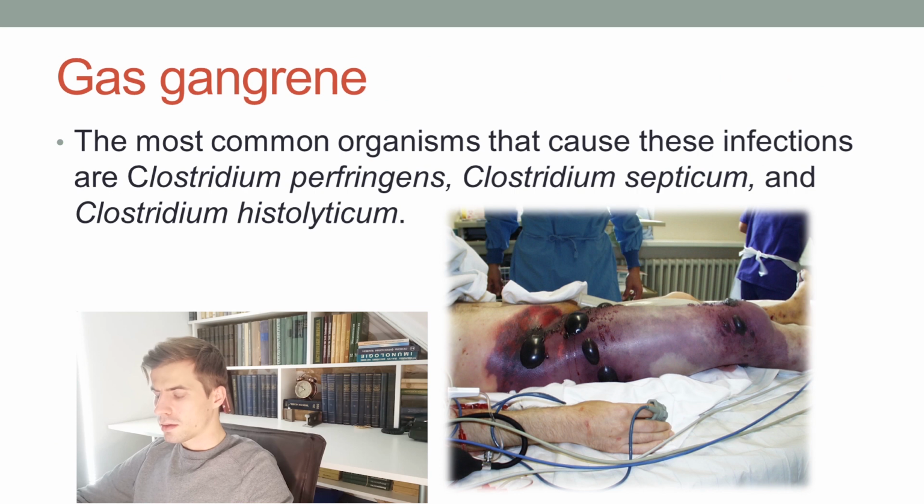The first one is gas gangrene. Gas gangrene is the most common infection associated with war wounds. So on the battlefield, especially in the past, it used to be a cause of loss of limbs in soldiers who had deep wounds.